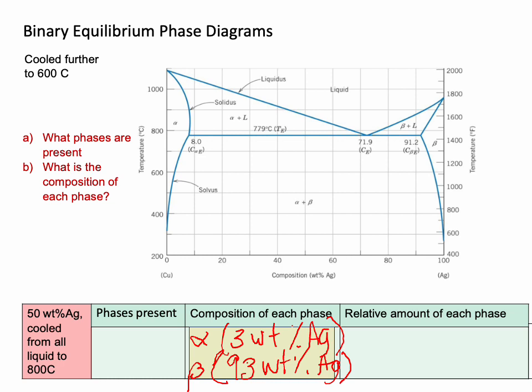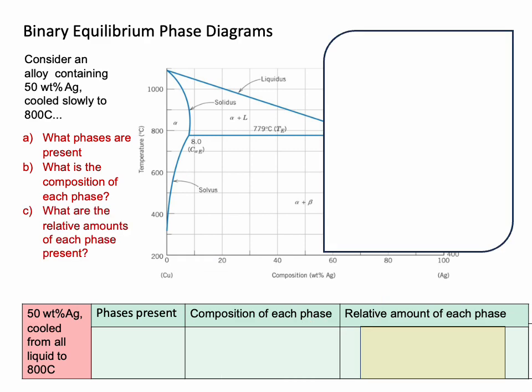So this for alpha comes from this point there, and this 93 comes from that point there, and that should be 96, shouldn't it? So those are my compositions, and now I can do my relative amounts.